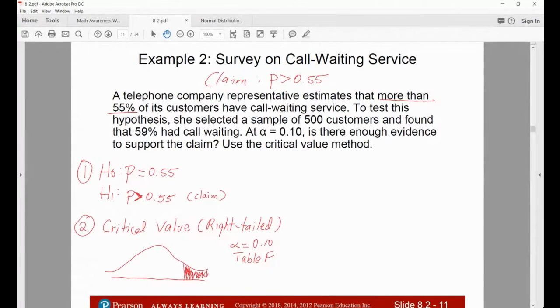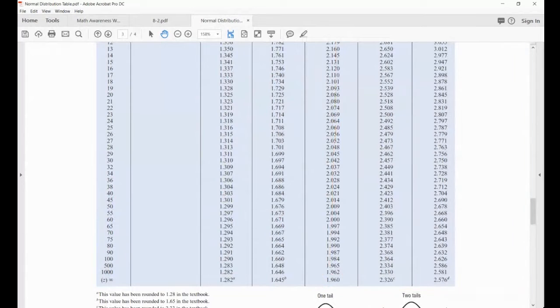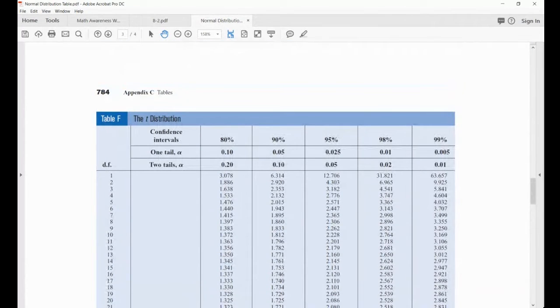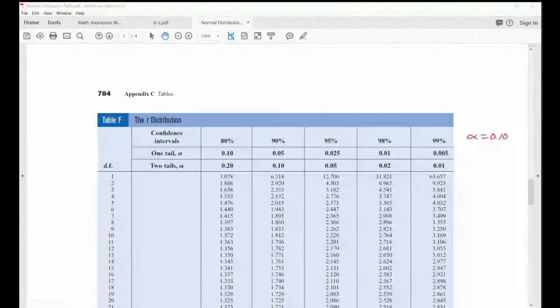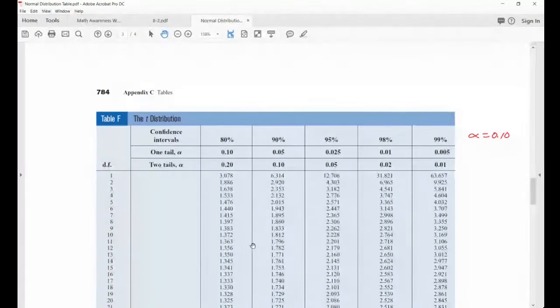So let's go to table F. Alpha is 0.10. Now, where do we look for 0.10? Where it says one tail alpha or where it says two tails alpha? This is a one tail test, because left or right will be a one tail test. And two tail is the only one that we use this row.